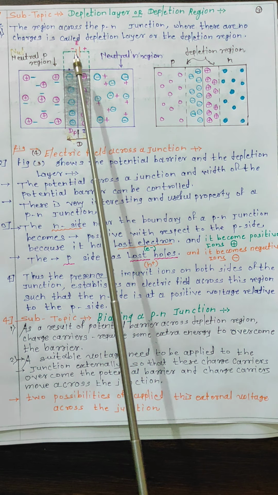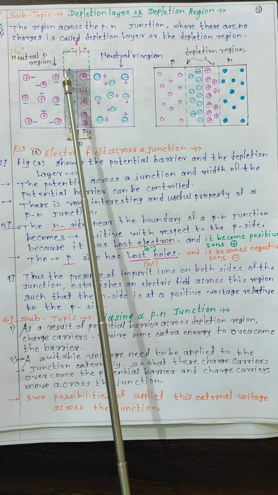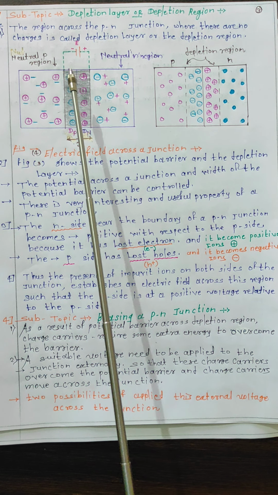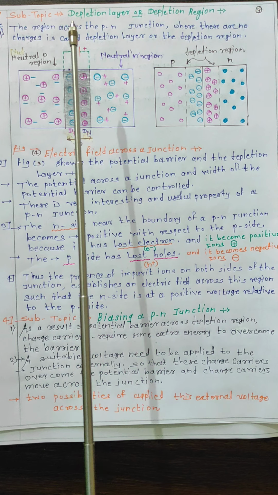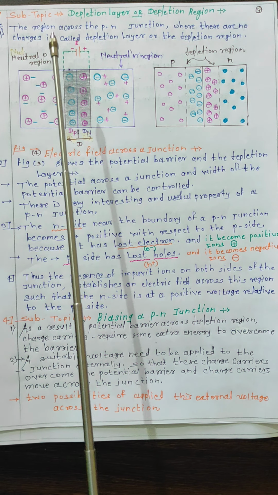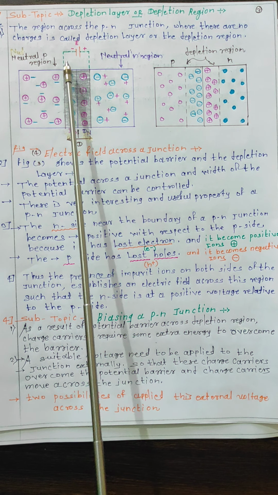That means an electric field is produced, in which the n side is at a positive voltage and the p side is negative.